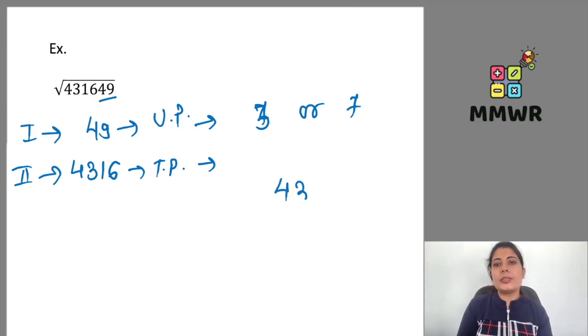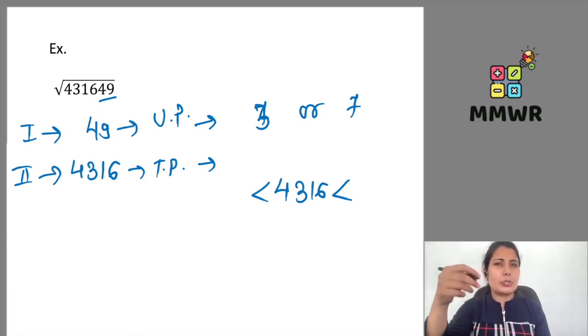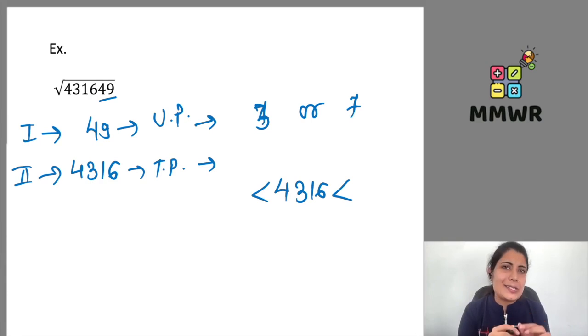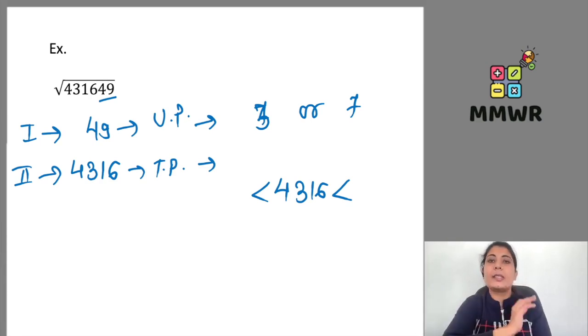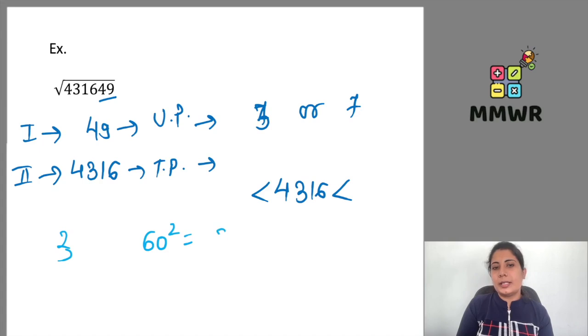So 4,316 is not a perfect square. But for this, it will take extra seconds, because this is a big number now, 4,316. Right? So 60 square is 3,600. 70 square is 4,900.